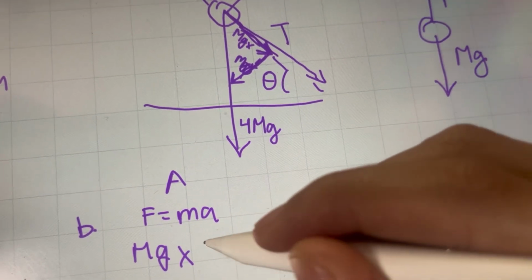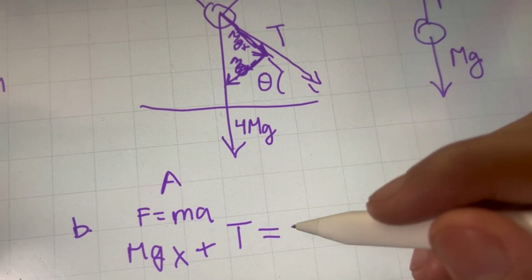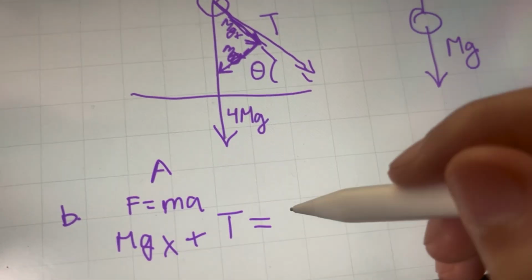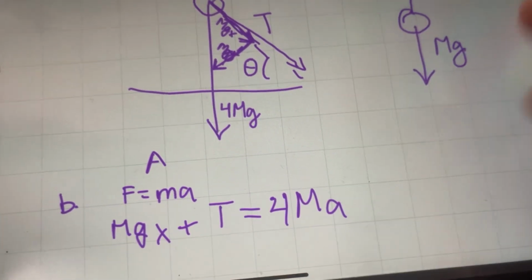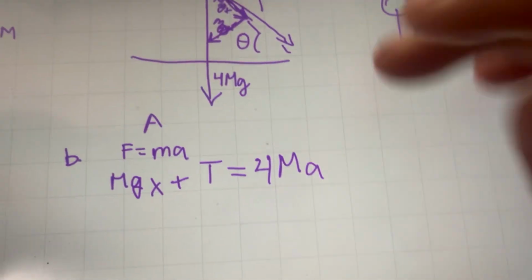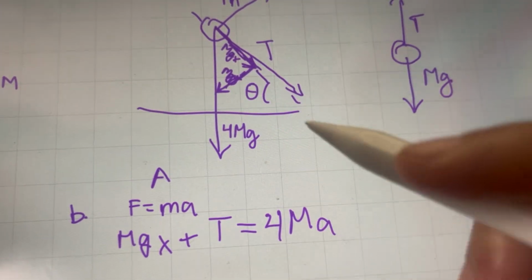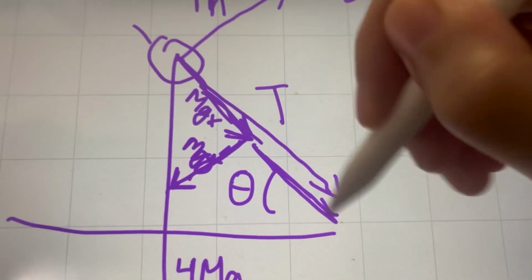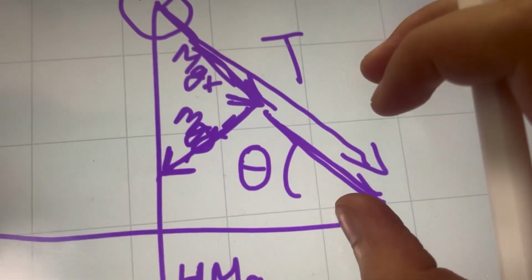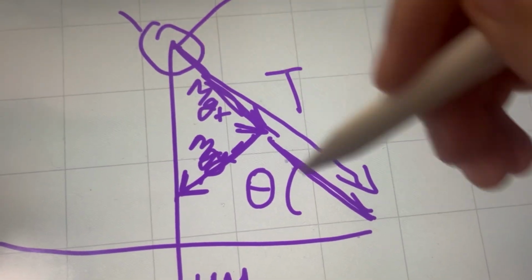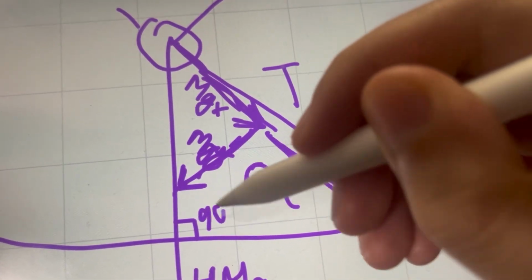mgx plus T is equal to whatever the mass of block A was, which is 4M, times the acceleration, which is what we're trying to find. That's literally it. And because we probably wouldn't want to have it as just simply mgx, and they did tell us there's a theta right here, and using simple geometry, think of this as one triangle, and because there's a 90-degree angle, there's 90, and there's theta.